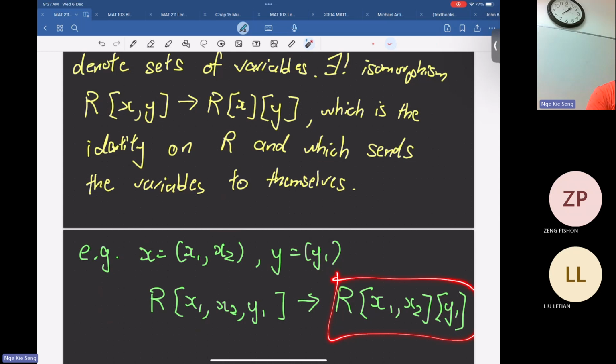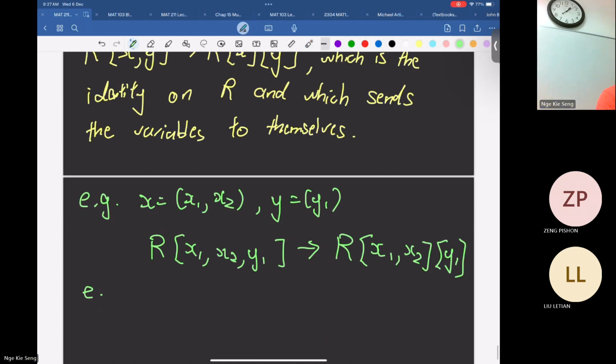What is this set here? What is this R adjoint x adjoint y? What does this mean? When we talk about adjoint here, this is the coefficient of my polynomial ring. For example, let's look at R[x, y].